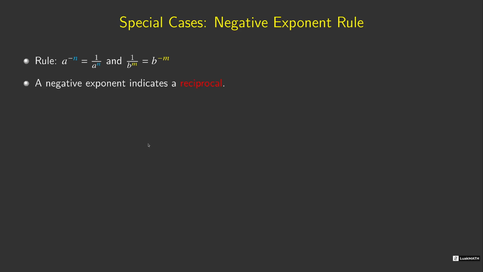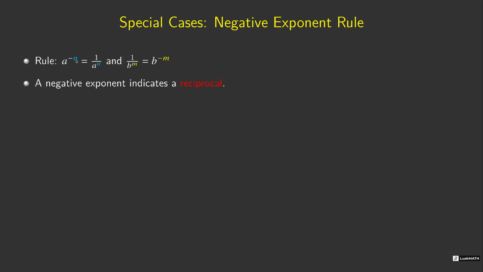Okay. The next special case is a negative exponent. I alluded to this in the beginning. If we multiply two numbers together and we get 1, we say that those two numbers are reciprocals of each other. For example, 5 and 1 over 5. Those are reciprocals of each other. So that's essentially what's happening here.